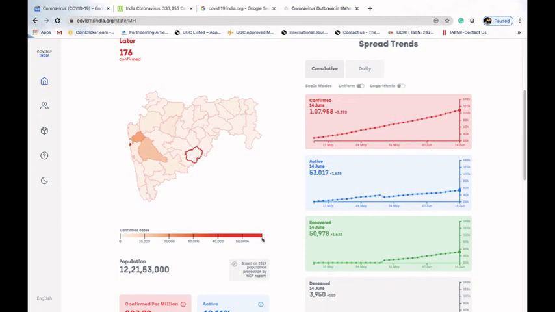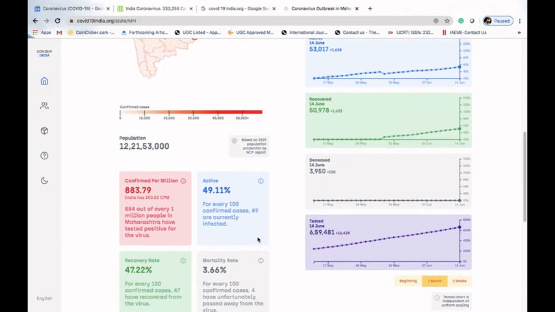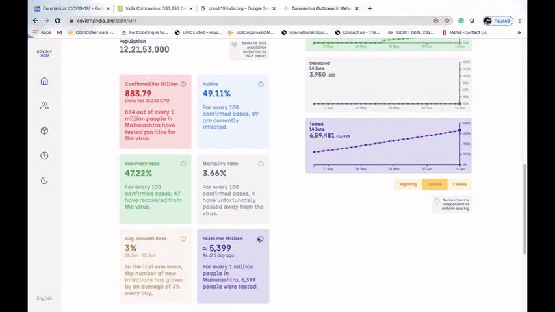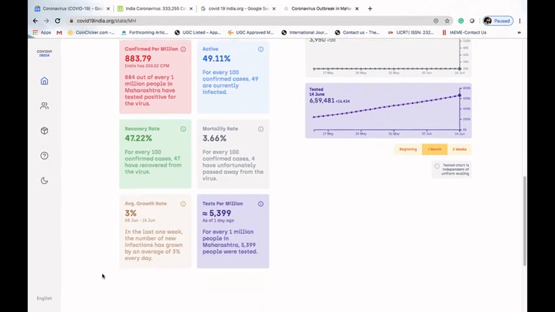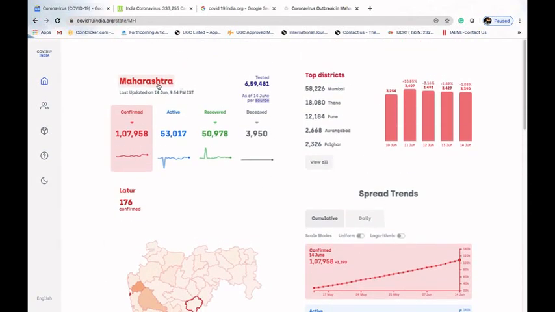Red means the highest number of cases. Confirmed per million is 893, active cases are right now 49%, recovery rate is 47%, mortality rate is 3.66%, and total tests so far out of 1 million is 5,399 people tested, and the growth rate of corona in Mumbai is 3%.